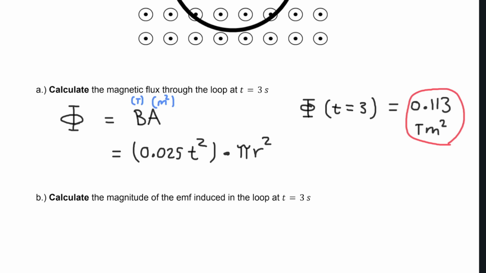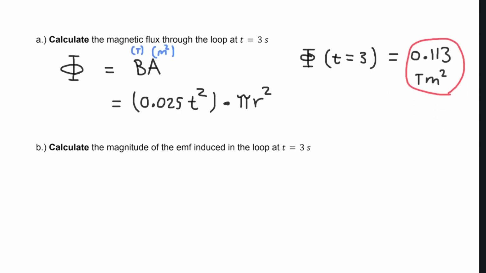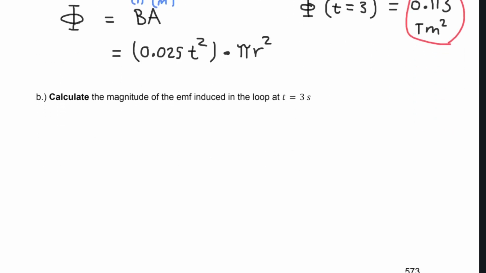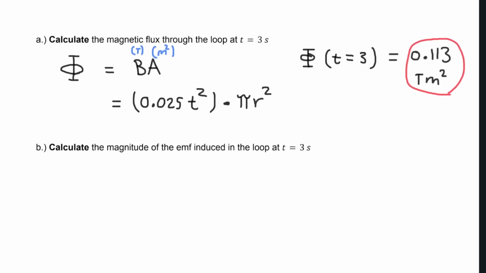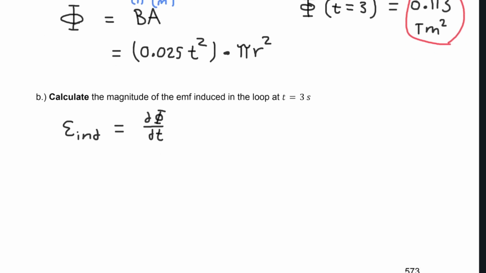All right, now we can calculate the magnitude of the induced EMF. So now we'll apply Faraday's law. We know that the induced EMF is just equal to the rate of magnetic flux change. And we're almost always talking about magnitude here, so we drop that negative sign.